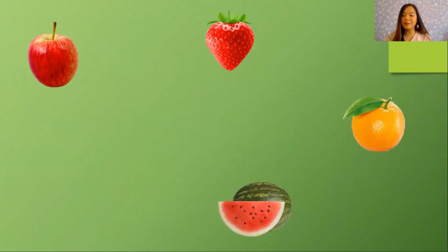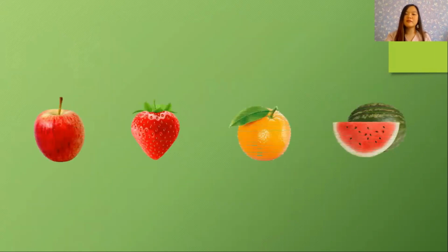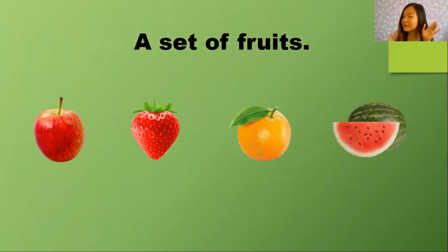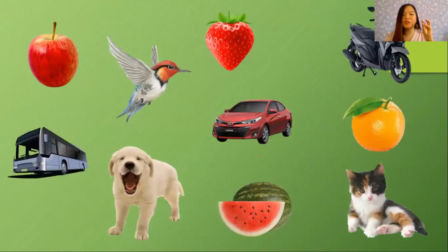We have the apple, strawberry, watermelon, and the orange. So, they are called the set of fruits. Okay, going back to the original picture. Tapos na natin yung apple, X na yan.